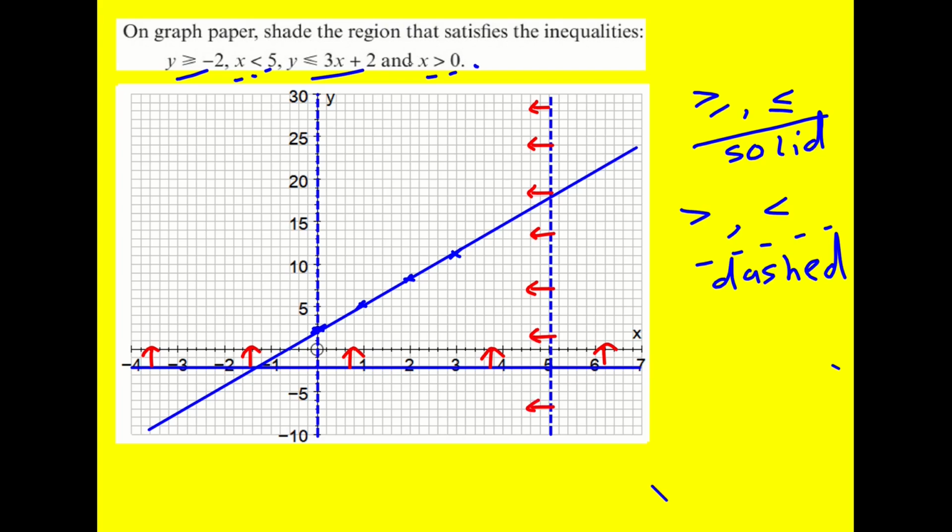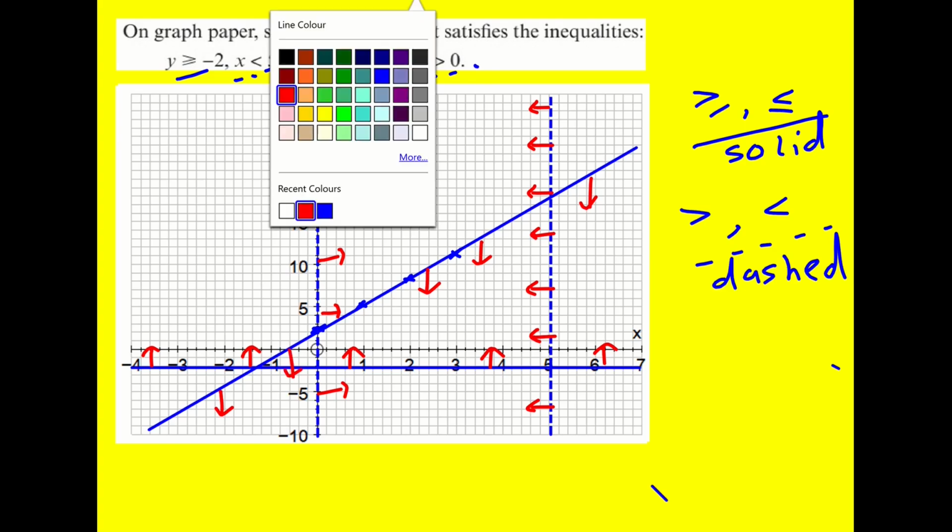I'm going to deal with this one in a sec. x is greater than 0. And y is less than or equal to 3x plus 2, it means it's below. And that gives us our region.